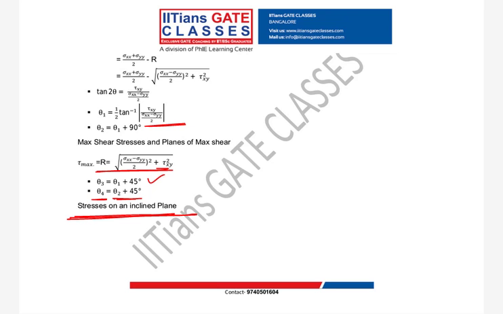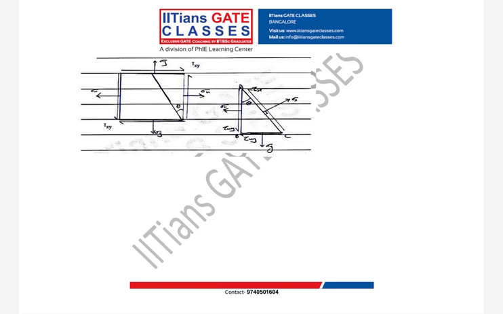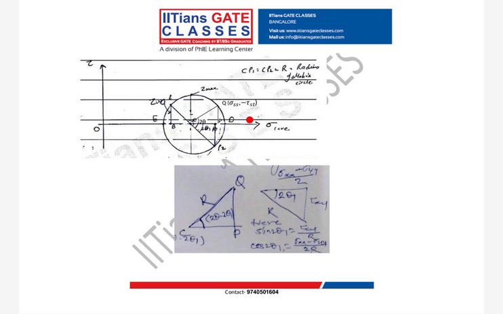Look at the figure I have drawn further. So now you want to find this sigma and this tau, which are on the inclined plane, and this inclined plane is making angle theta. Now how will you find that?